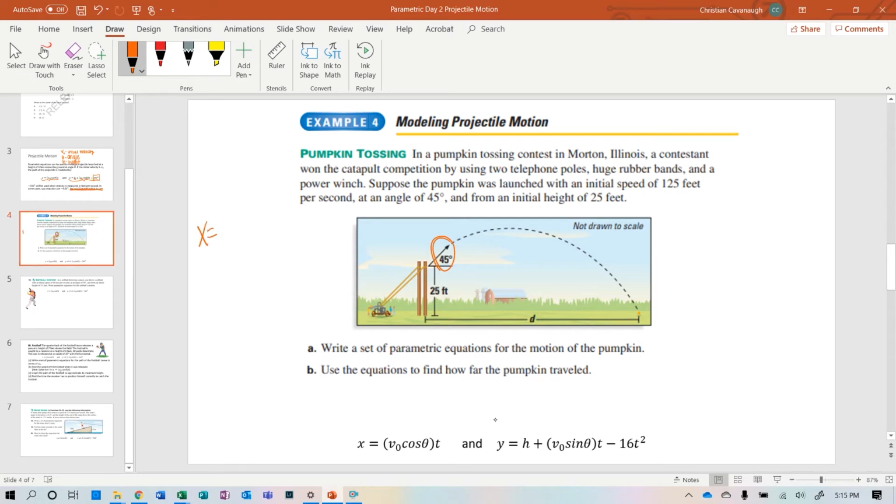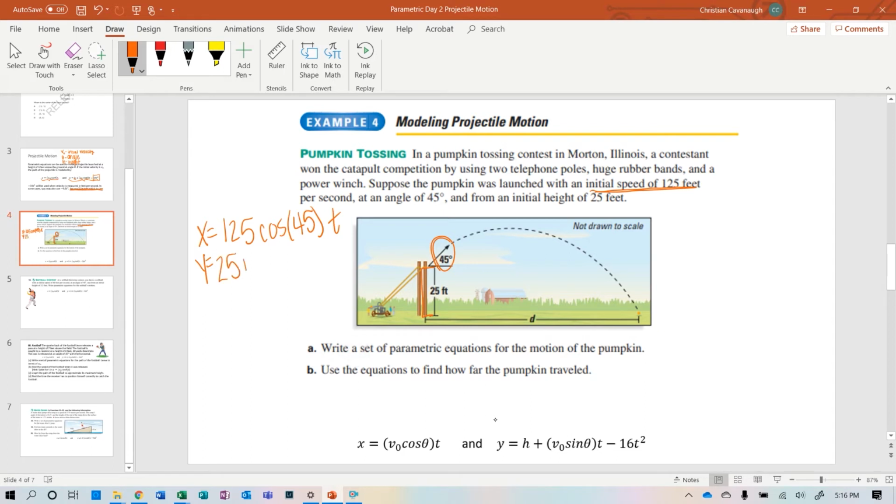So we're going to start with the x equation. So x equals, and the first thing we need is the initial velocity, and it gives us the initial speed here is 125, and then times cosine theta. So cosine theta is 45 degrees, and then times t. And then our y equation is going to be the height that the pumpkin was catapulted from, which is that 25 feet.